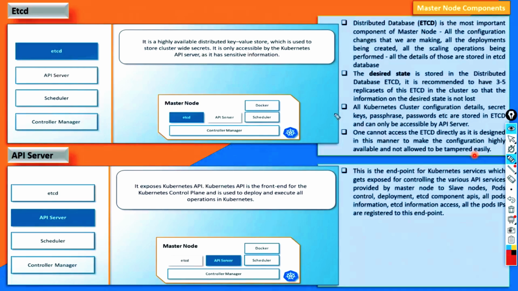It is difficult to do everything in a single session, but let me try. So what I'm saying is the API server is an endpoint for Kubernetes services. As I told you, everything will come to this, and this is the endpoint for Kubernetes services, which gets exposed for controlling the various API services provided by the master node. Just give me 1 minute.